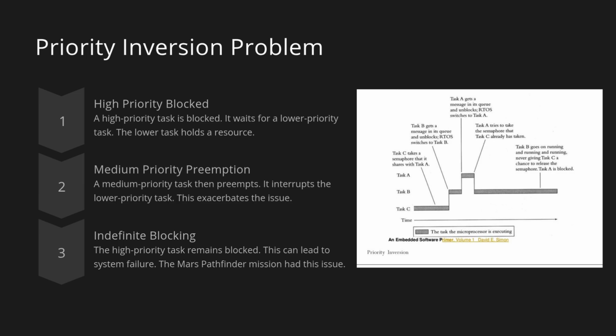This results in the high priority task waiting for the medium priority task to finish its execution, and then the low priority task can finish its critical section. Then finally the high priority task can start entering its critical section. Thus the high priority task has to wait for lower priorities, and we experience priority inversion.